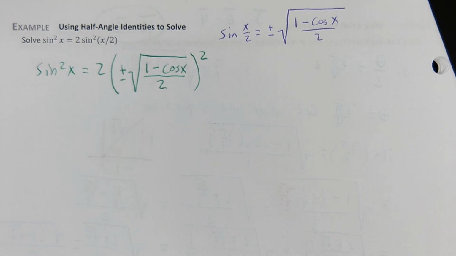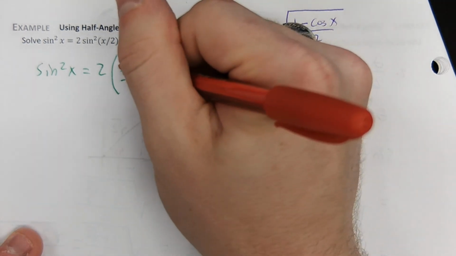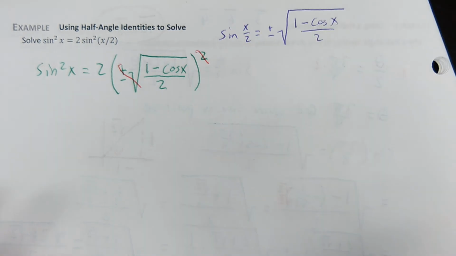But Mr. M, there's a plus or minus. I know, but you know what the great news is? When you square positive, you get a positive, and when you square negative, you get a positive. So it actually doesn't even matter. These symbols, plus, minus, and radical, are all canceled by that.